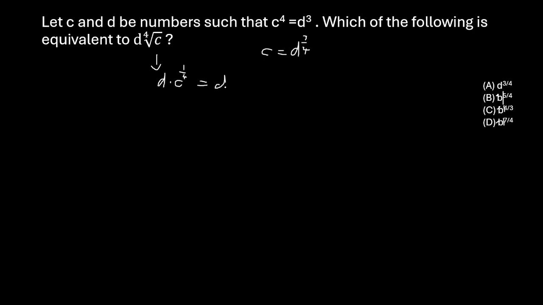So it will be equal to D times D to the 3/4, times 1/4, and that will be 1 plus 3/16, well, 1 times 3 is 3, 4 times 4 is 16. I don't think it will have a nice solution. That would be D to the 19 over 16, and that's our solution.